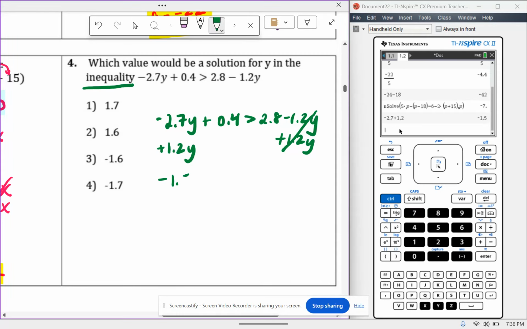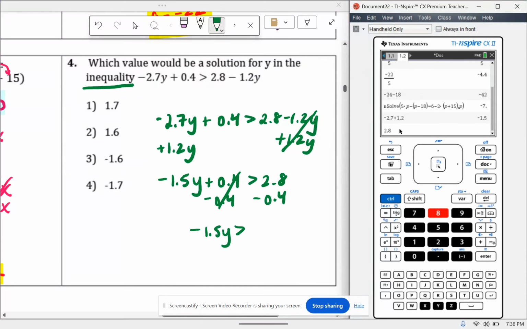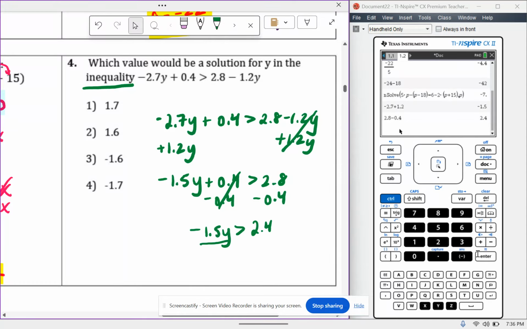It's negative 1.5y. And then be careful, you just divided by a negative number here, so flip that inequality symbol, okay?